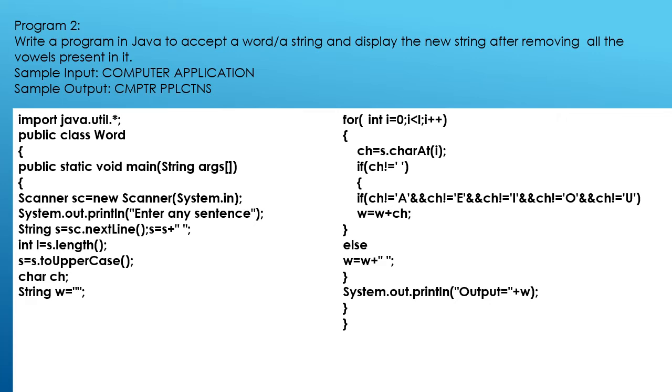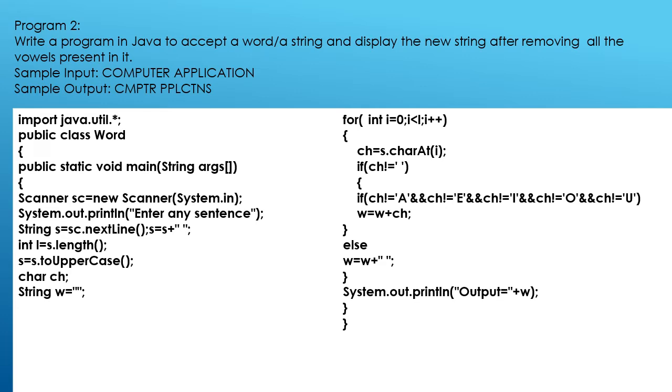Then the method is to be defined: public static void main(String args[]). In the method block, the Scanner object is to be created by using Scanner sc = new Scanner(System.in). System.out.println: Enter any sentence. This is the prompt message to enter any sentence.